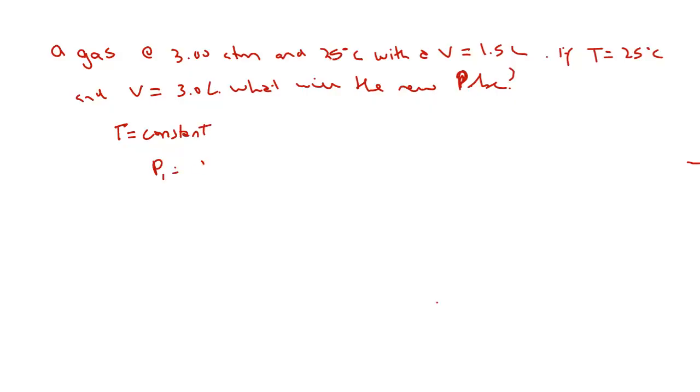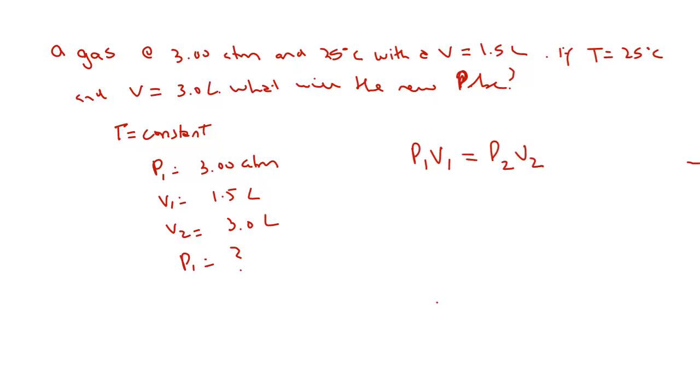So P1 is 3 atm, volume 1 is 1.5 liters, volume 2 is 3.0 liters. What will the new pressure be? So I know I need to use Boyle's law because I'm only relating pressure and volume.